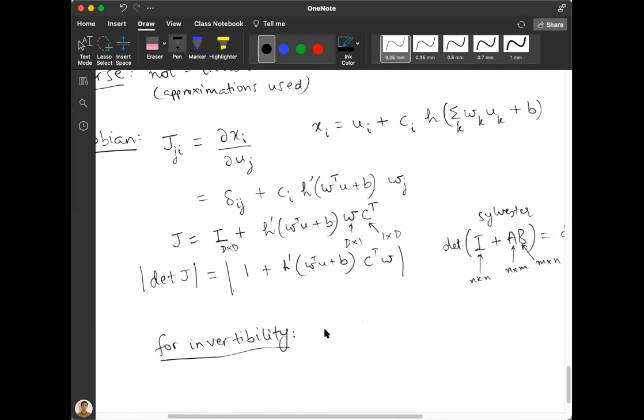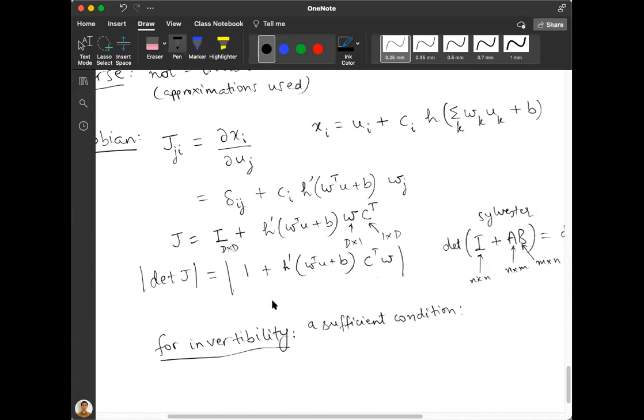Should it be greater than 0 or just not equal to 0? I'm putting a sufficient condition, not a necessary condition. I just want a condition which will ensure that my function is invertible. Of course, there can be other conditions where it is invertible, but I'm just finding one of those, a sufficient condition which is very easy to compute.